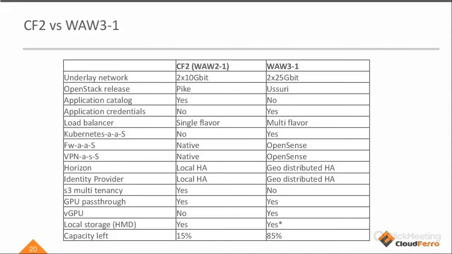The next big change is S3 multi-tenancy. The lack of multi-tenancy is something that you want, and it is good. Multi-tenancy for S3 basically means that in the old cloud, each customer could have its own bucket names, but when you access S3, you have to provide the ID of the client in the path to the bucket. When you drop multi-tenancy, the path only contains the name of the bucket, but the buckets have to have unique names across the whole cloud.